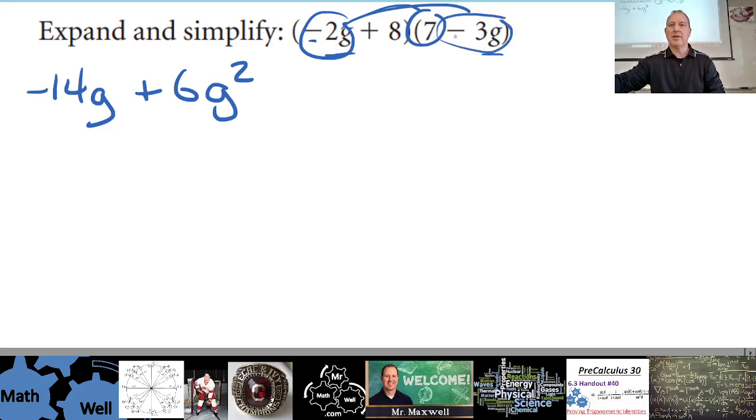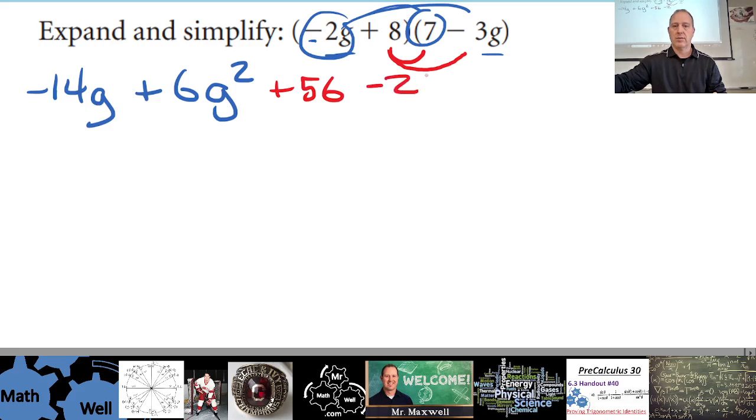Because I've got a negative and a negative, 2 times 3, g times g. Now the insides, this is going to be 8 times 7 is plus 56. And the last one, 8 times negative 3 is negative 24g. Does that look good? Yep. Okay, we're going to gather some like terms in a second.